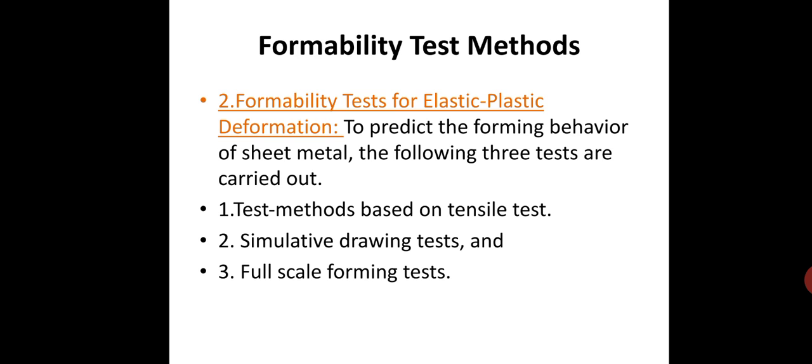First one is the test based on tensile, and the second is the simulative drawing test. In the simulative drawing test we see Olsen and Erichsen tests, Fukui's test, and the final one is the full scale forming test. In this test we are going to see the FLD diagram to understand the better concept.